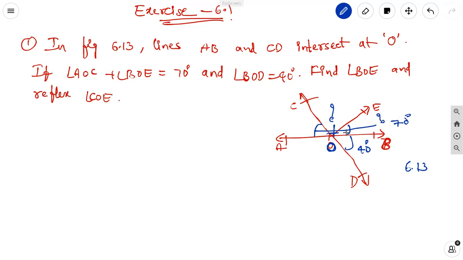Okay, they are asking. First we take what they have given.